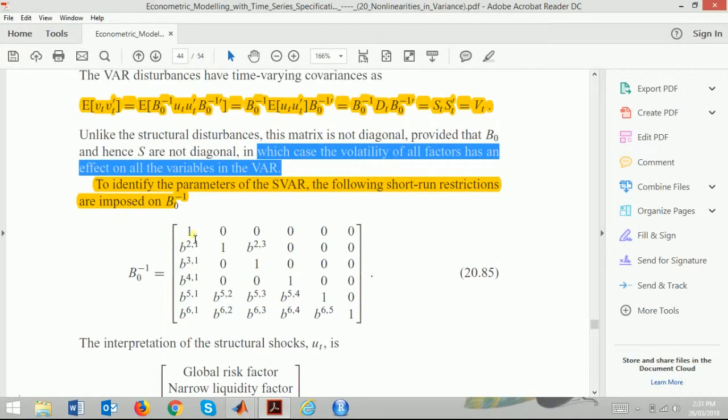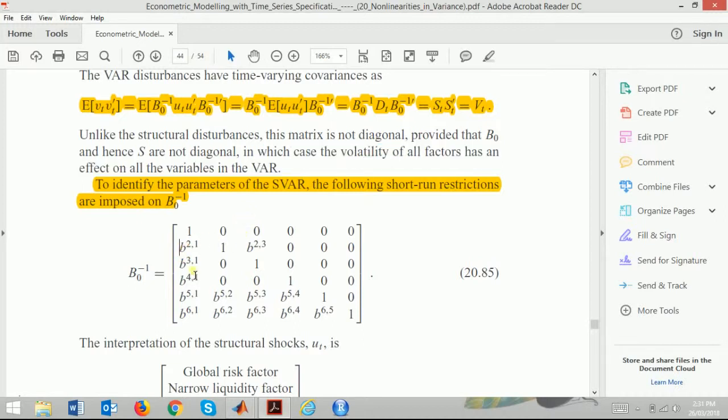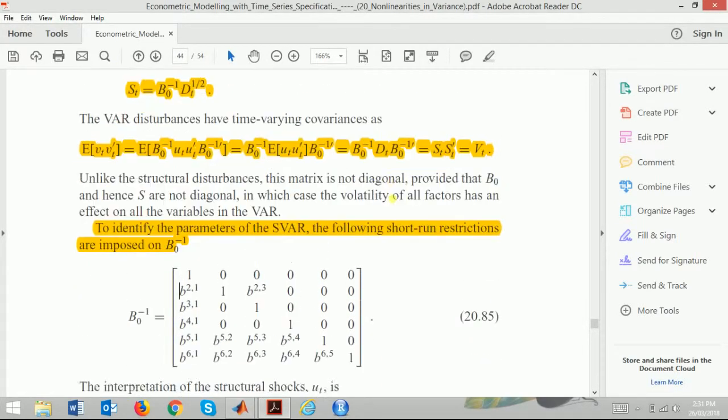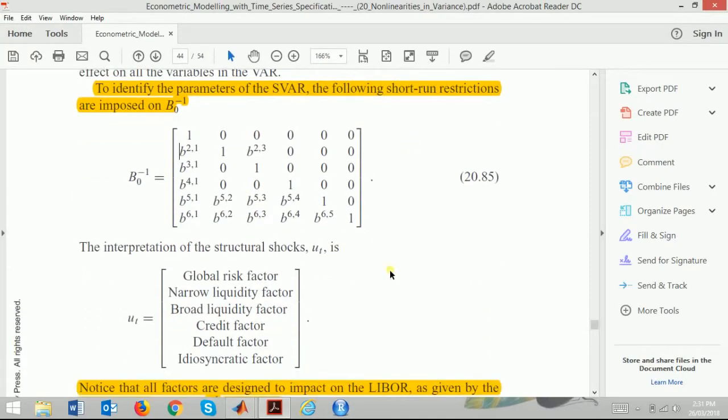The following short-run restrictions we can put, like we can just estimate beta 2, then beta 3, beta 4, beta 5, beta 6, just the way we want, depending on effects, because each parameter means something, where there is a global risk factor, narrow liquidity factor, broad liquidity factor, credit factor, default factor, idiosyncratic factor.